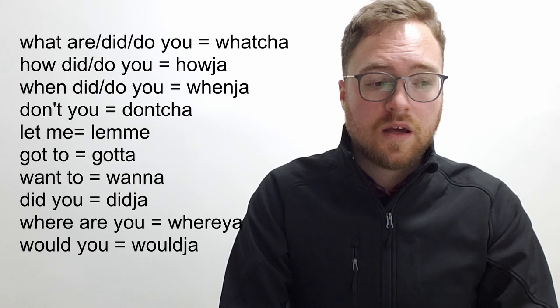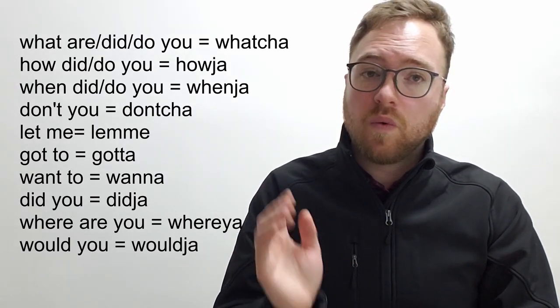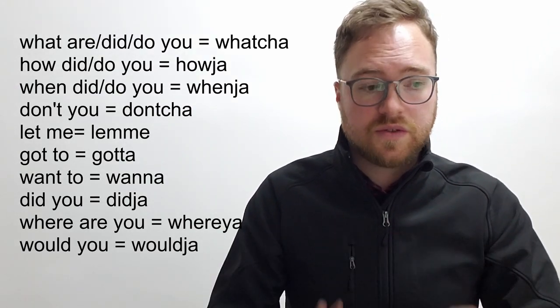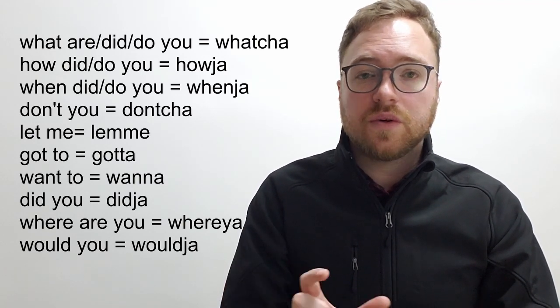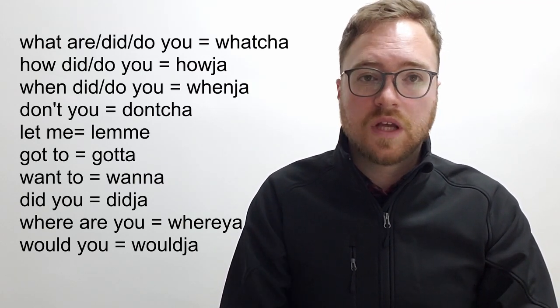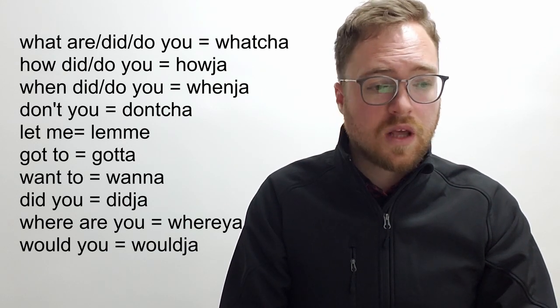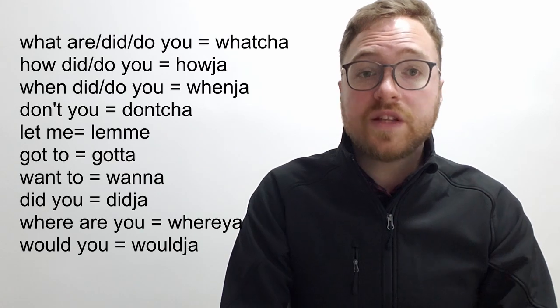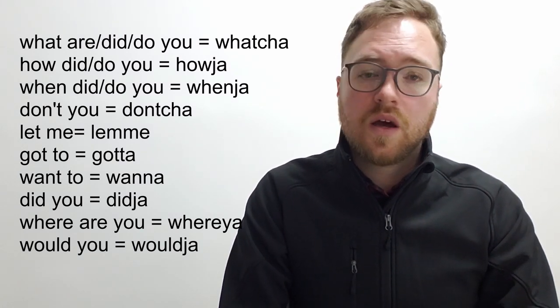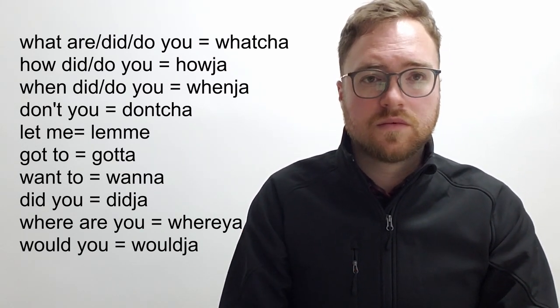Here are some more examples of when the word you can be reduced with question words. What do you or what did you reduce to whatcha. How did you or how do you? Howja? When do you? When did you? When'd you? Don't you?